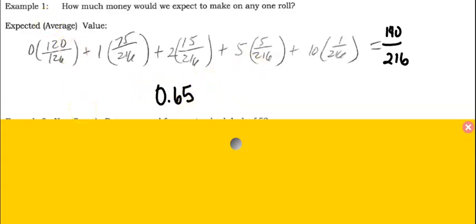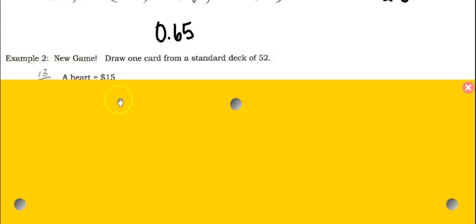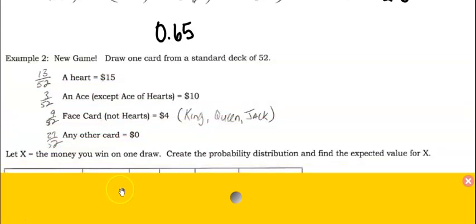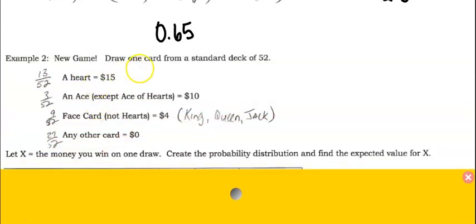Okay, let's look at another example. Play another game. We have drawn one card from a deck of 52 cards. There are 13 cards in a suit, which makes the probability of getting a heart 13 over 52. There are 4 aces, so if we take out the ace of hearts, that makes it 3 out of 52.